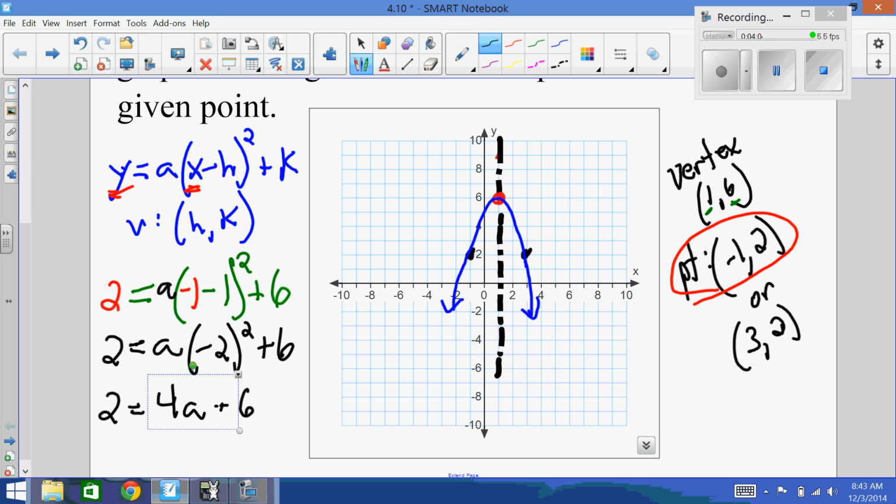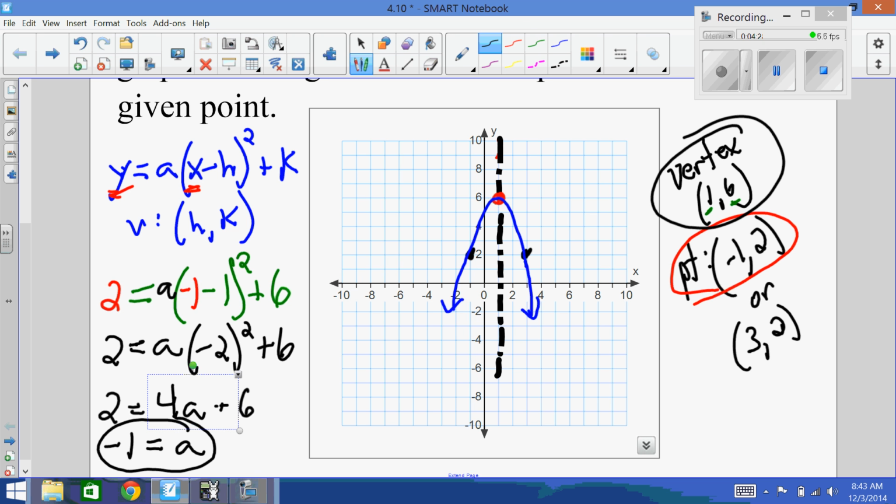And now I want to solve for this, so I subtract 6 from both sides and then divide both sides by 4, and when you do that you get a is equal to -1. So I'm going to take a and my vertex, and I can write it in my vertex form and be done.